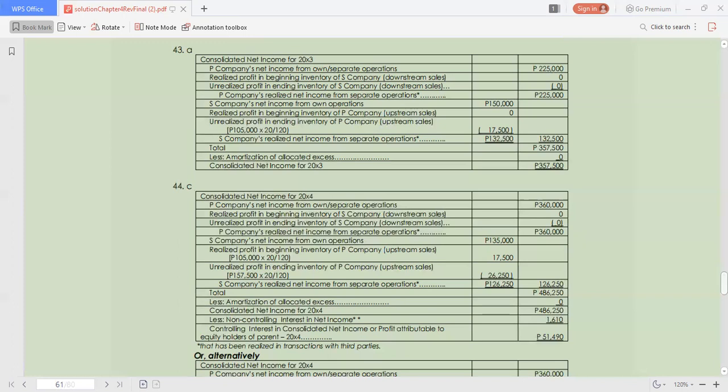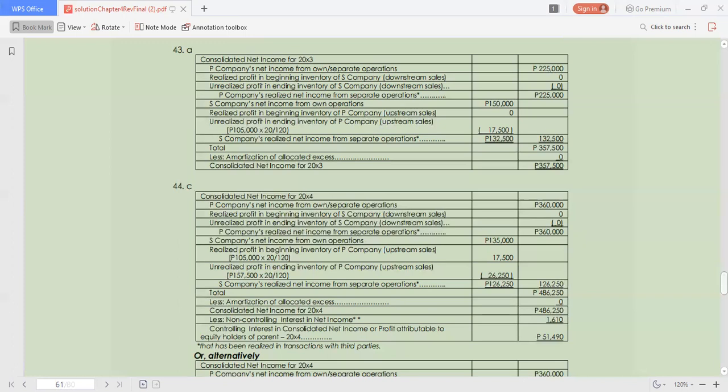So that gives us the amount, actually the difference between the consolidated net income of 486,250 minus 1,610, or a difference equal to 485,640.